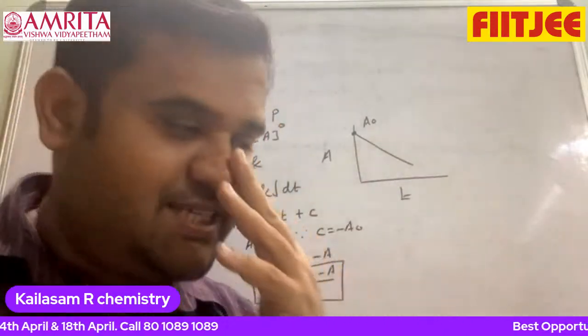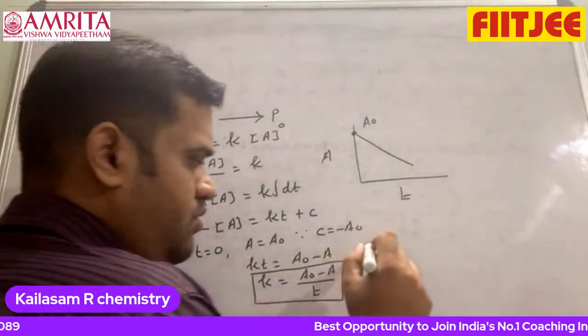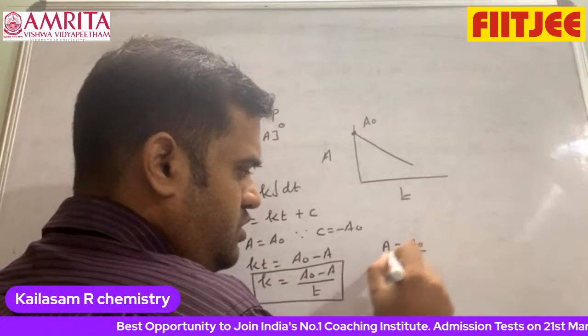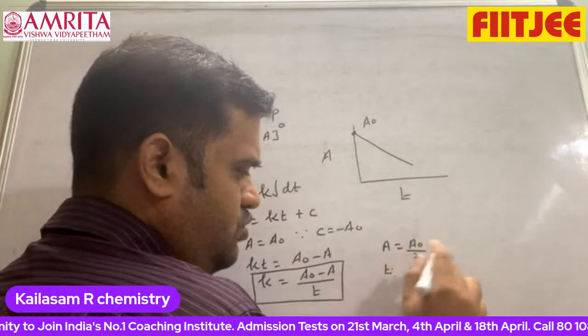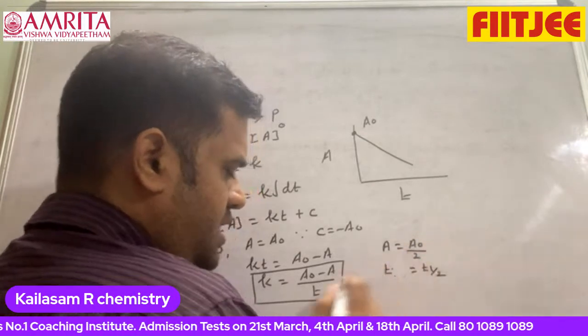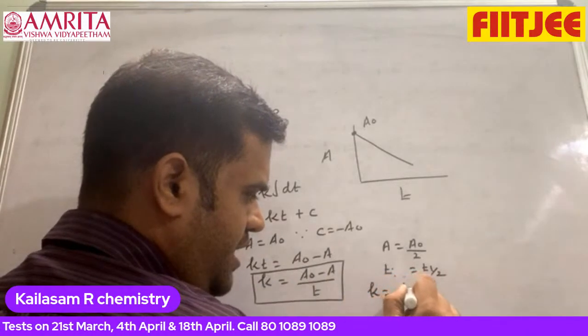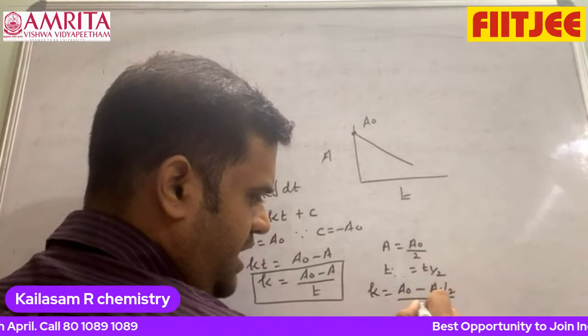And what about the t half of the reaction here? Look at the same logic. Now, A is nothing but A naught by 2, and t becomes t half. Now substitute here. I am writing K is equal to A naught minus A naught by 2, by t half.